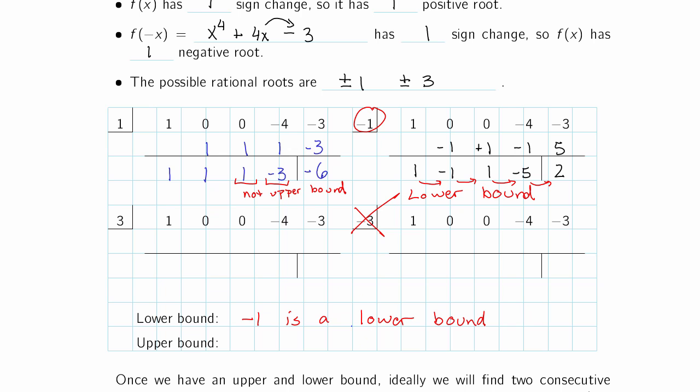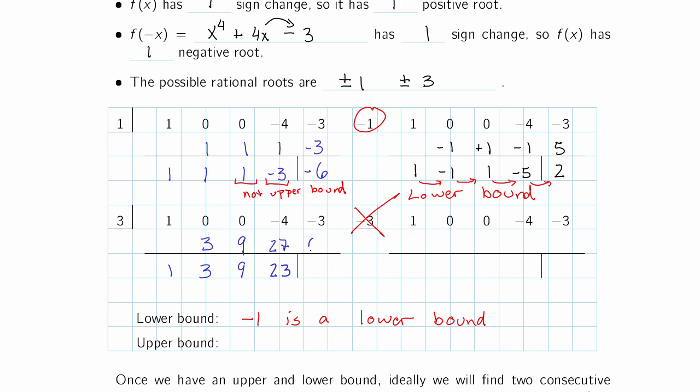Okay, that means all that's left to do is to try 3. So bring down the 1, times 3 is 3, plus 0 is 3. Times 3 is 9, plus 0 is 9. Times 3 is 27, minus 4 is 23.